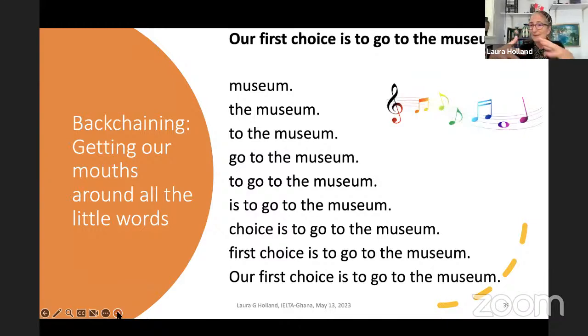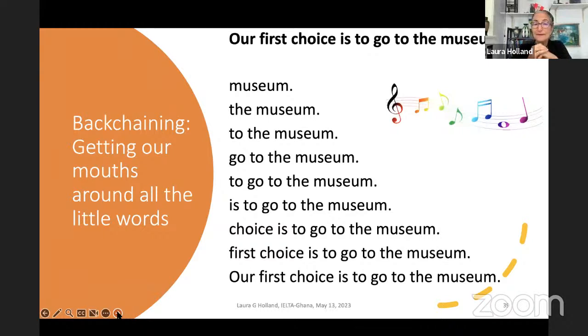So here's one. We won't all do this together, but I'll just do it quickly so that you can hear it. Our first choice is to go to the museum. Okay, museum. Listen to how all the little words kind of go together. This is really helpful for students to get their mouths around all the little words. Museum. And practice with yourself at home right now.